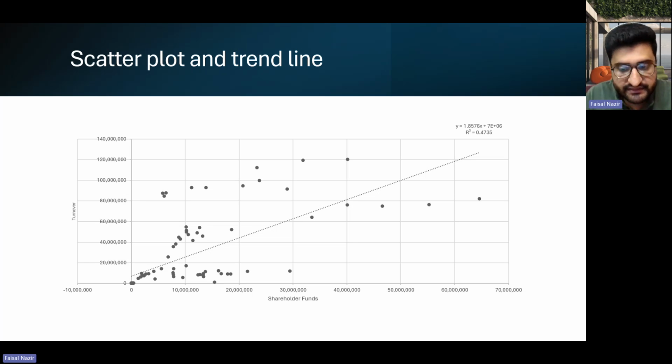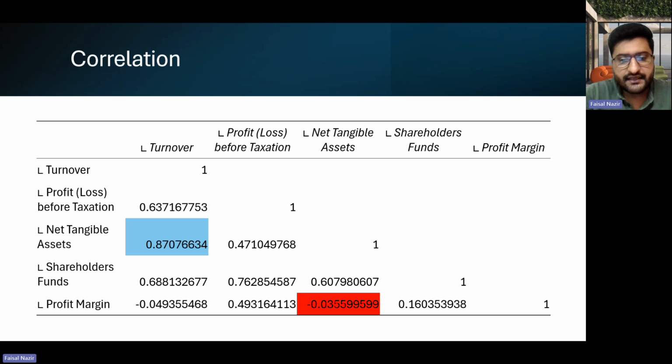The next point is the correlation table, where I can observe the strength and direction of relationships between various financial metrics. The highest correlation, 0.87, is between net tangible asset and turnover, indicating a strong positive relationship.